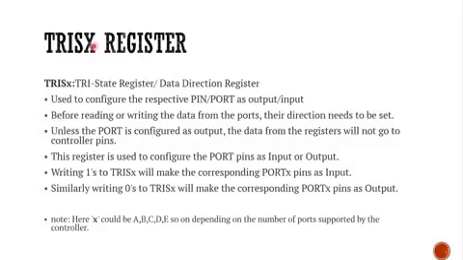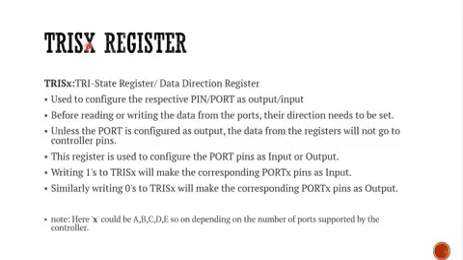So why do we need to use it? Because it is a data direction register. If we want to use port A as output, we need to set TRISA as output. If we want to use port B as input, TRISB needs to be set as input. This one is for the direction only.